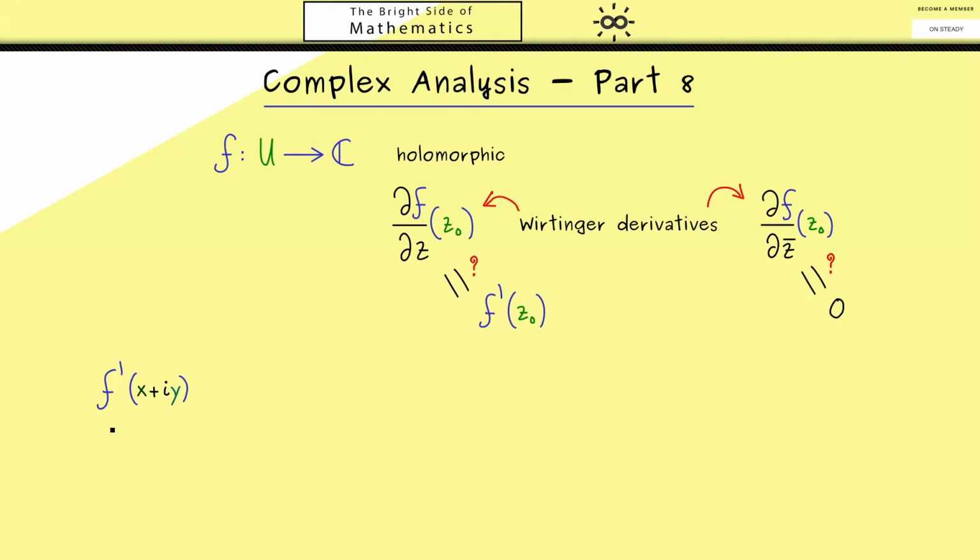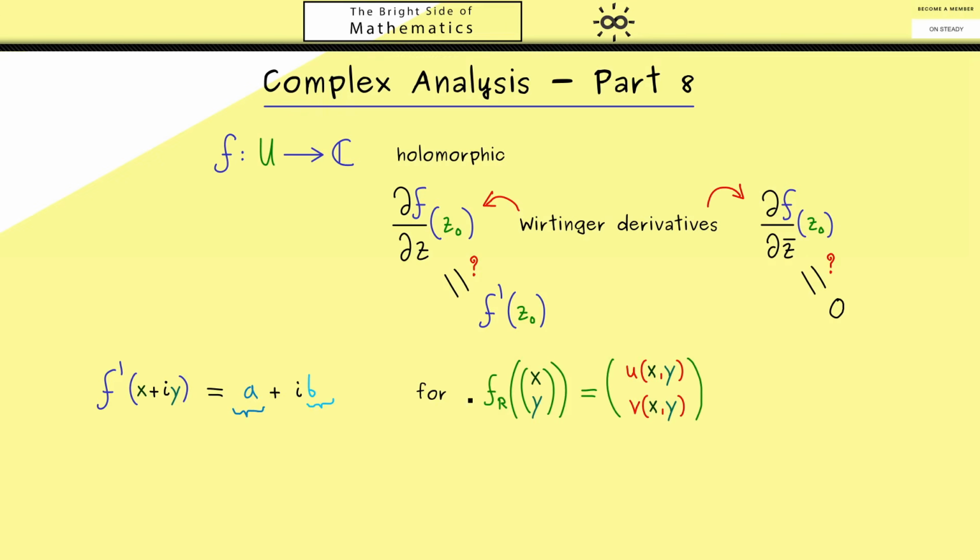Now, to make our life a little bit easier, let's write x plus iy instead of the point z0. So this means this is the complex derivative of f at the given point. Hence, it's just another complex number which we can write as a plus ib. And now this is what we have learned in the last videos. The real part and the imaginary part can be written as partial derivatives.